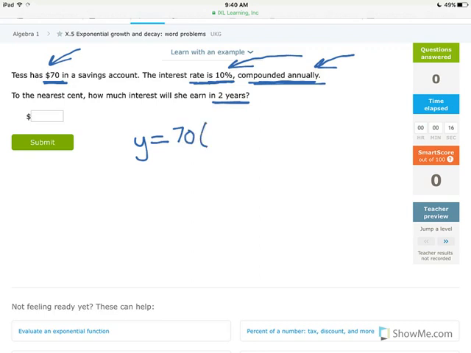What is her base? That's going to be 1 plus the R, so R at 10% as a decimal is going to be, let's clean that up. So R as a decimal is going to be 0.1. So it's going to be 1 plus 0.1.